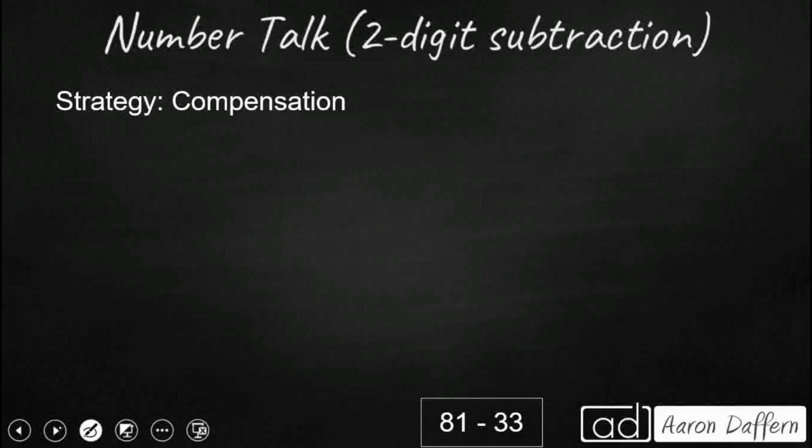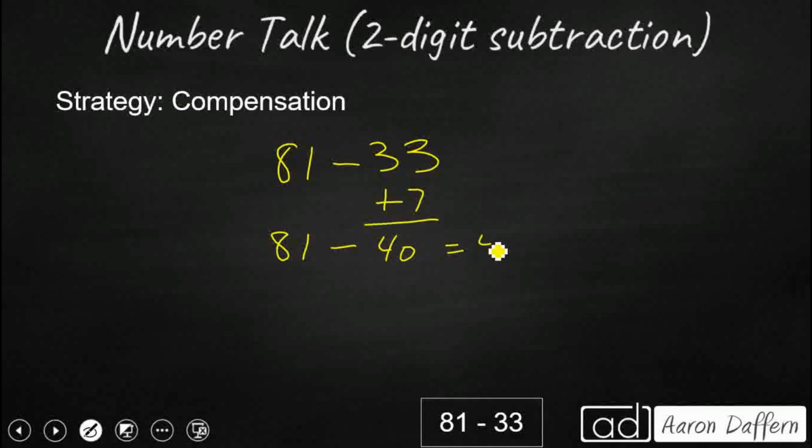Another strategy that we can use is called compensation. So what we do is we take our subtrahend, remember that's the second number, and we add whatever it takes to get to the next 10. So I'm going to add 7. So 7 is going to get me up to 40. The reason I'm going to do that is it's going to be a much easier problem. Look, there's no need to do any type of regrouping here, and so 41 is going to be my answer because 81 minus 40 gets me 41.